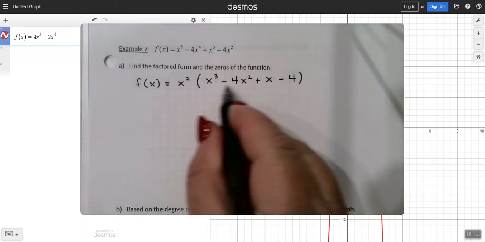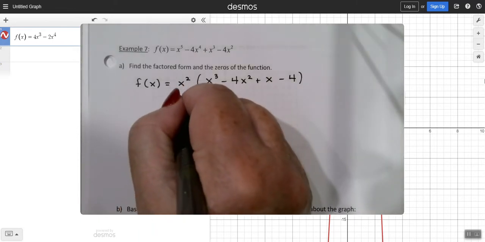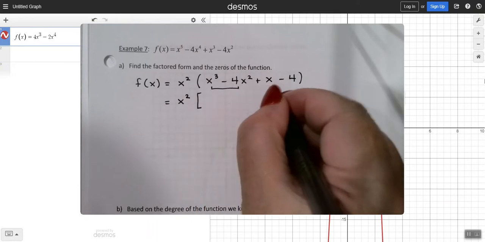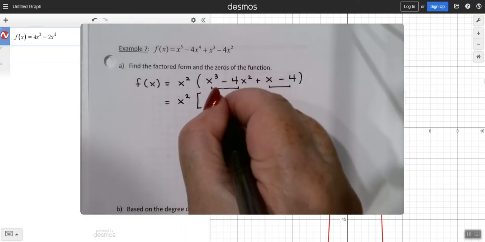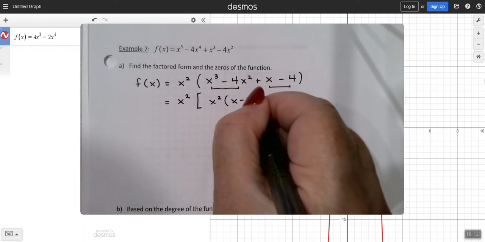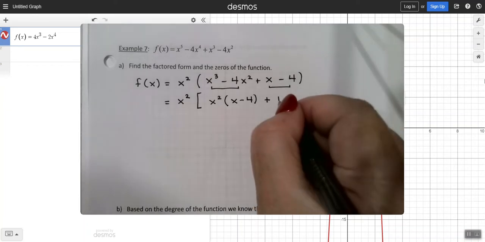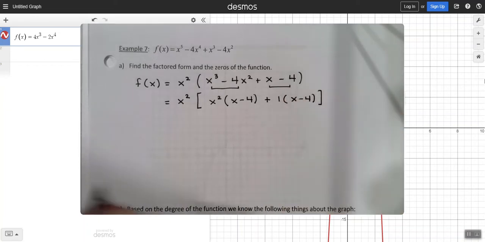Inside my parentheses here I have 4 terms, which means I should factor by grouping. So I'll keep my x squared. And then in this pair I can factor out an x squared times x minus 4. Plus in this pair I can just factor out a 1. So also times x minus 4.